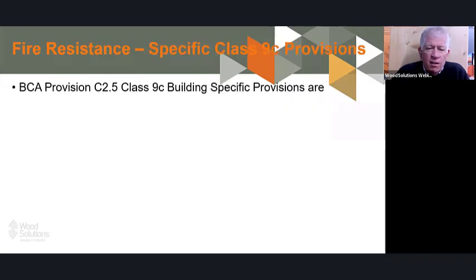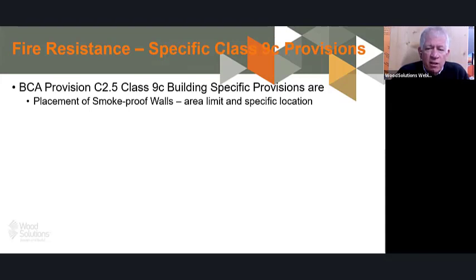The first thing to realise is that there are specific solutions within the provisions, and a provision is hierarchically above a specification in the NCC. So think of a specification in the NCC as actually like a standard, a cookbook approach of solutions. The provision is actually a requirement, and so they are hierarchical.